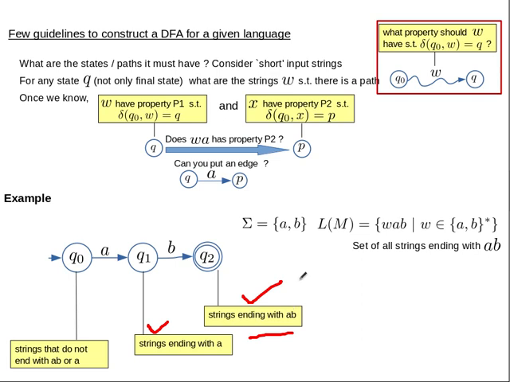Then you try to figure out the arrows. We already have these two arrows, and they are consistent with this interpretation. Now if you are here, that means whatever string you have ends with AB, and say now again you receive one A. Then it will be a string which ends with A. So maybe from here you go back to here on A, right?